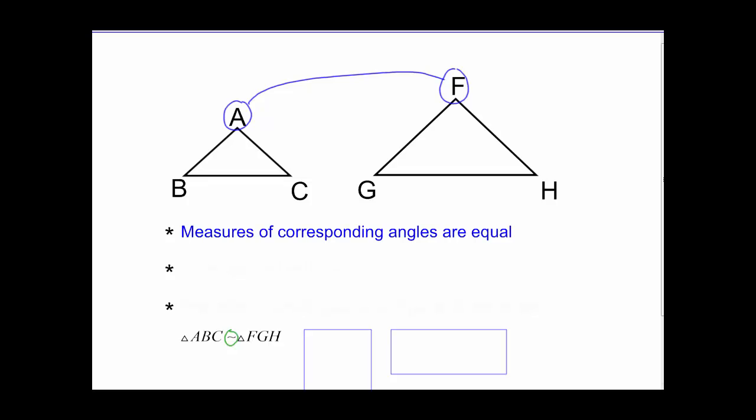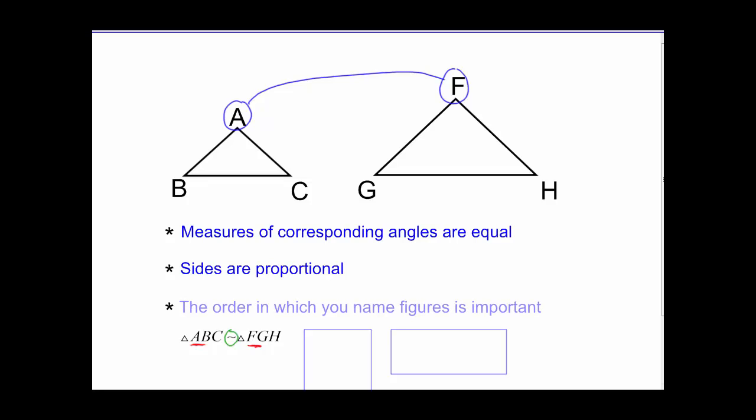We can also say that sides are proportional. So if we have the side AB, that is proportional to FG. The other thing we have to look at is that the order in which we name figures is important. So if I name my one triangle ABC and it is similar to another triangle, in this case this is going to be FGH.